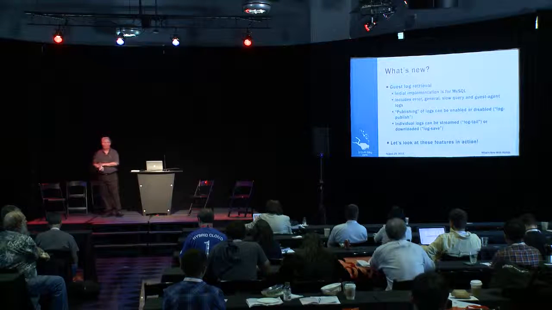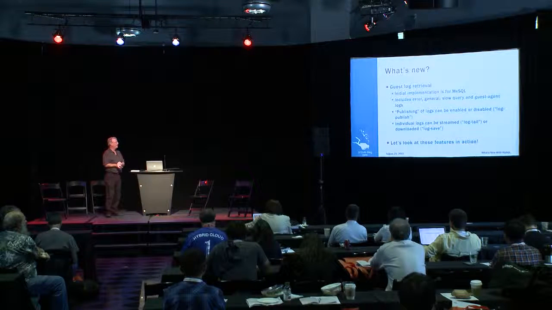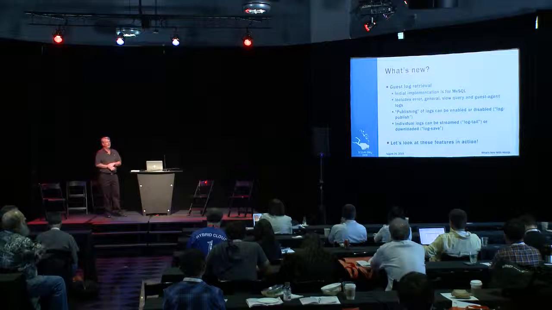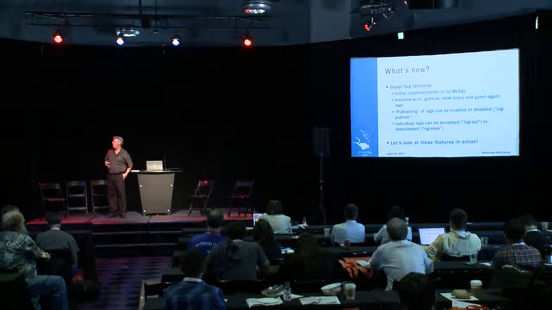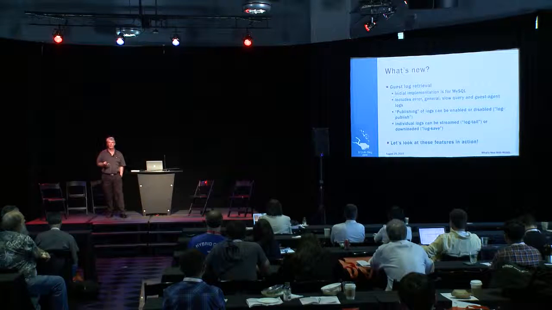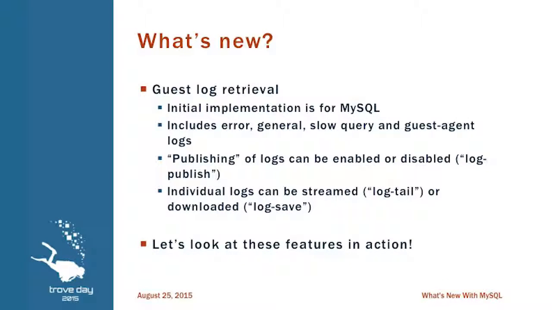The other thing that's been recently added and is being worked on is something that's been talked about for a long time in the community and with customers: the ability to pull various logs off of the guests. I would say the major focus is the database-specific error logs, the query log, or the slow query log.